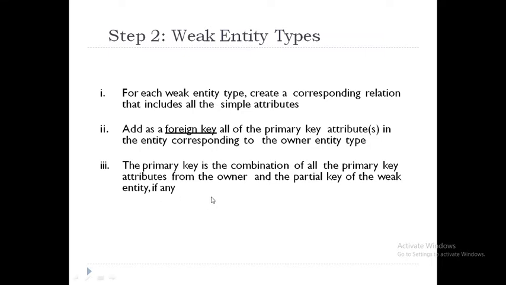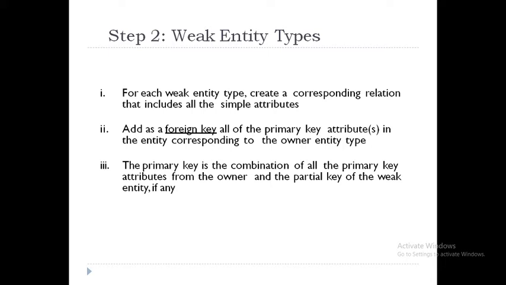And for this new relation, what is the primary key now? Primary key will be the combination of all the primary key attributes of the strong entity type or the owner entity type and the partial key of the weak entity type.